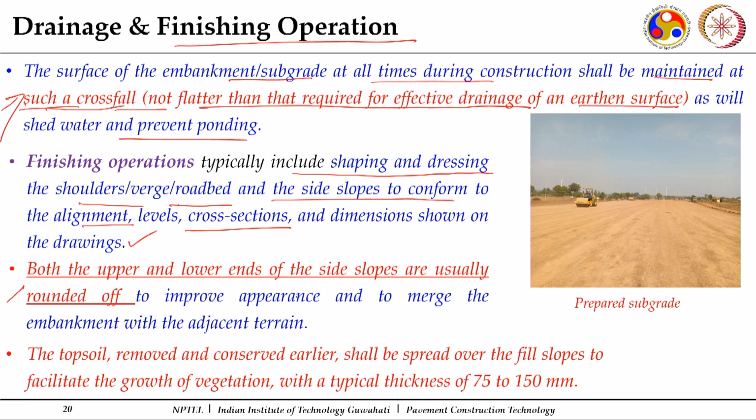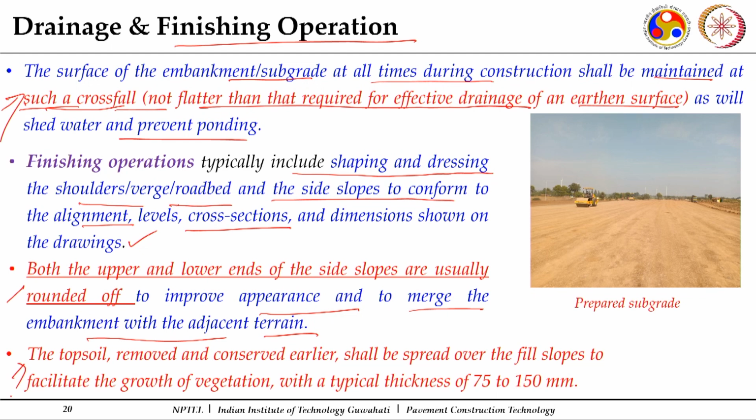Both the upper and lower ends of the side slopes are to be rounded off. This is again important, they should not be sharp ends at the top as well as at the bottom, to improve appearance and to merge with the embankment and the adjacent terrain. This is good for stability also.